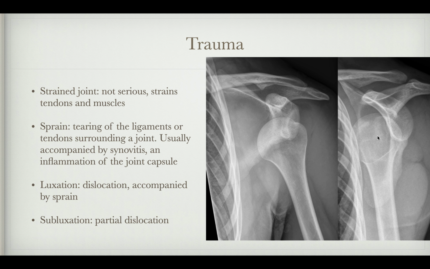But in order to repair it, there is a certain maneuver where your arm will be raised and then over the head and then moved back, and that will pop this back into the socket. A subluxation is a partial dislocation, so instead of being completely out of the fossa, it might be perched.